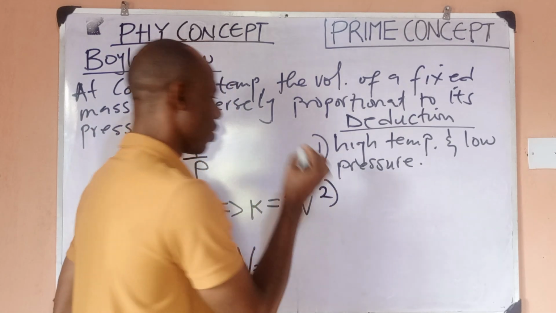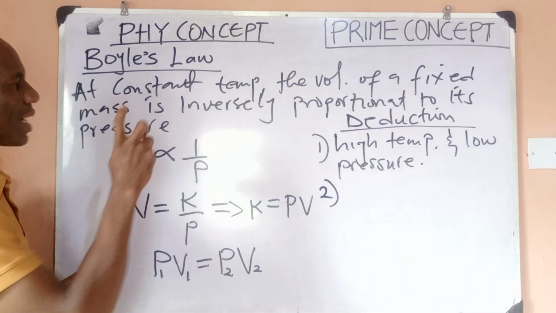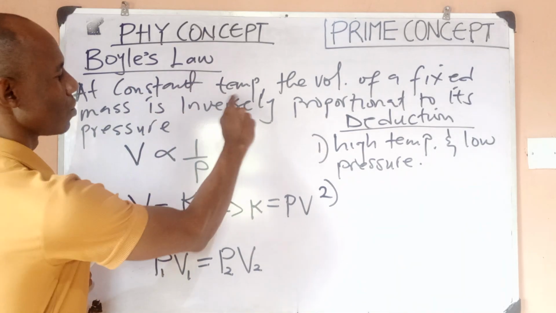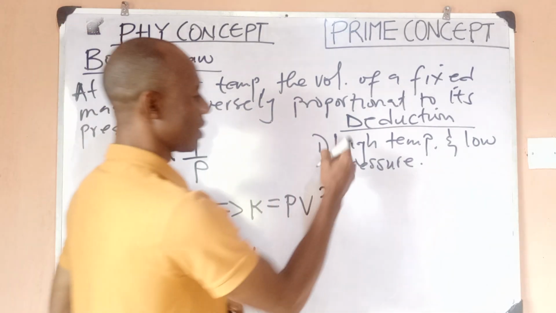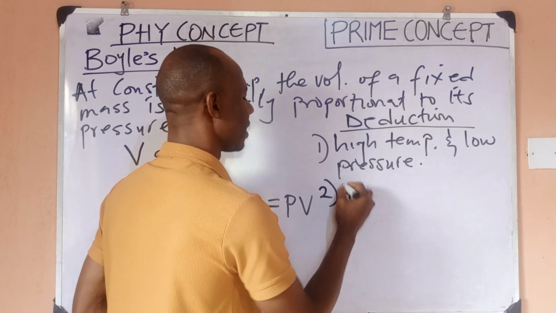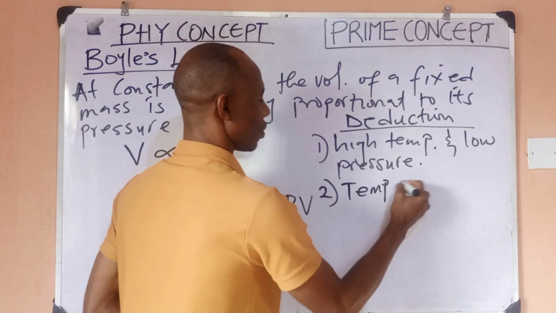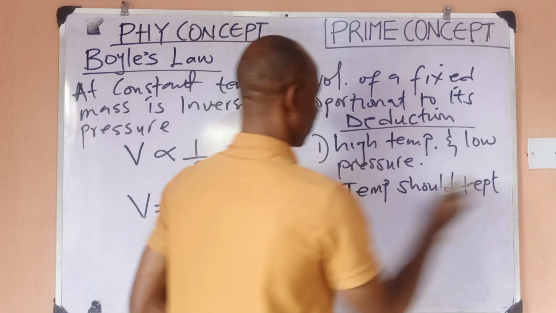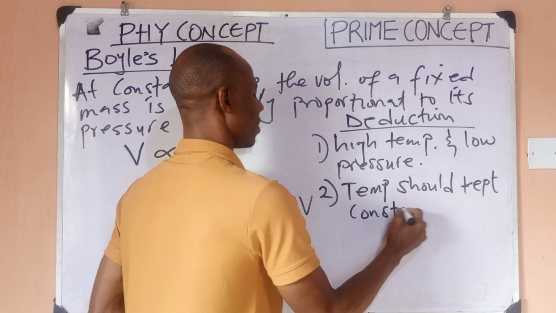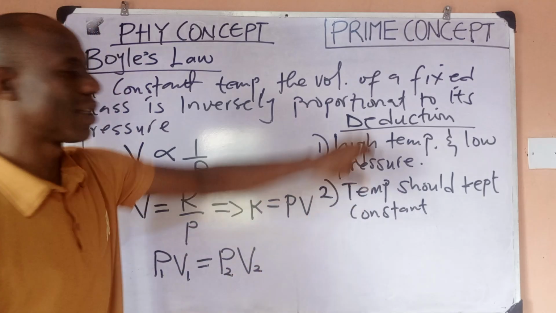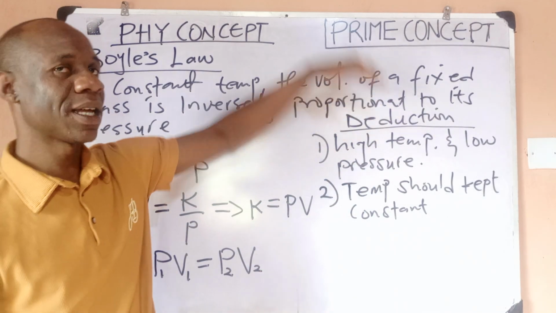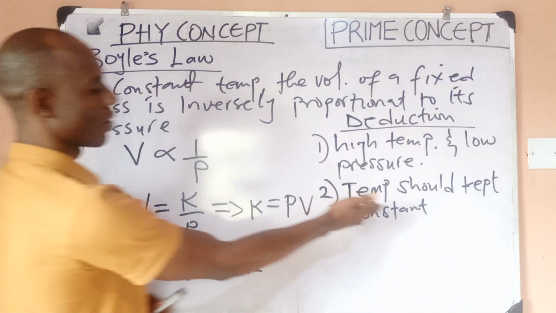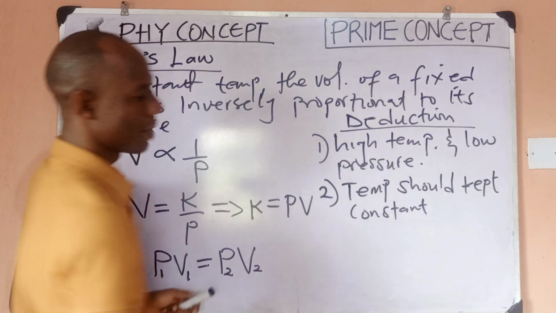Number two is that Boyle's law considers the fact that temperature should be kept constant. Somebody may say, you say temperature should be kept constant and you're saying high temperature. Yes, of course, the temperature should be high and kept constant at that point.